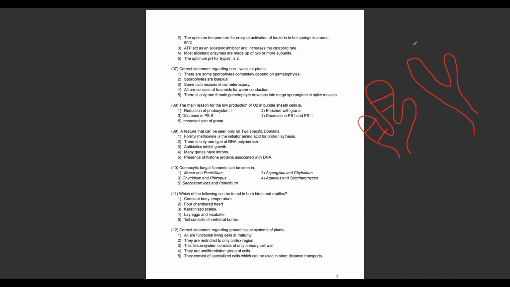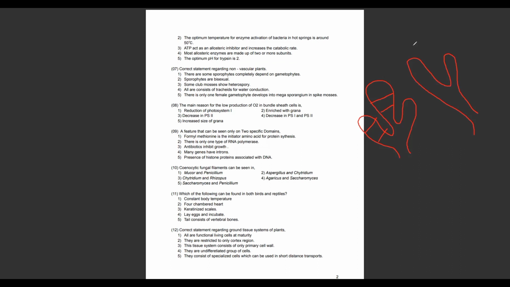Now, you know there are 4 phyla of fungi: Chytridiomycota, Zygomycota, Ascomycota, and Basidiomycota. Chytridiomycota and Zygomycota have sinusoidal fungal filaments. Now, we'll check the answers given here. Mucor and Penicillium.